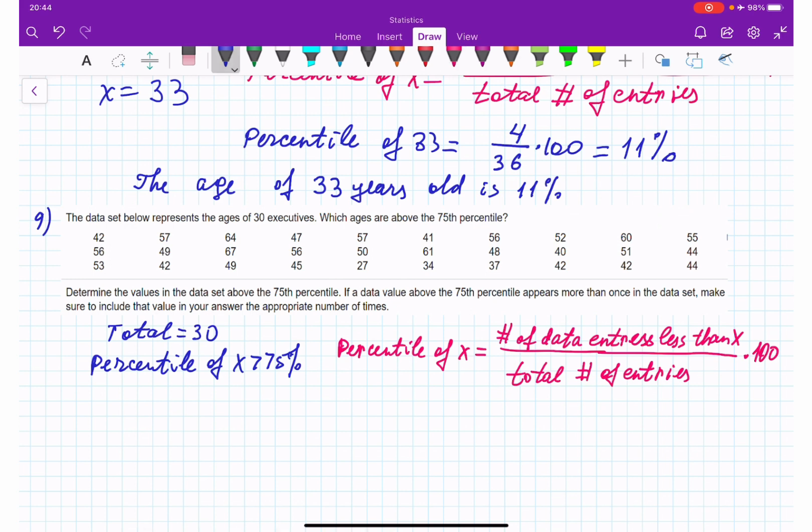All right. So what do we have? Percentile of X, 75.